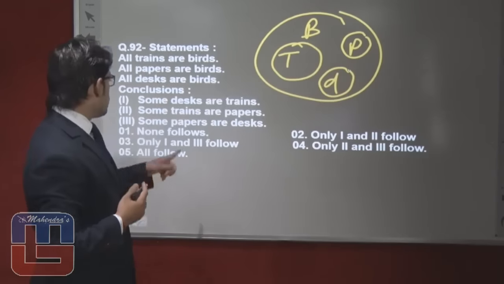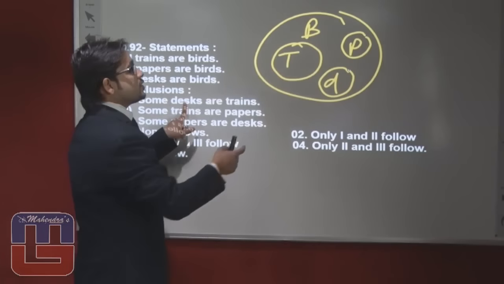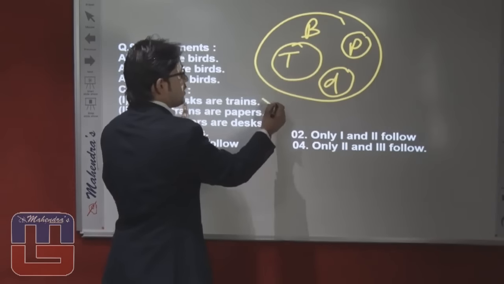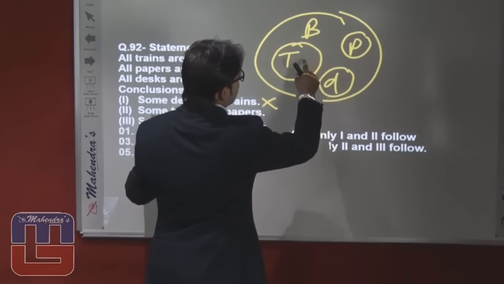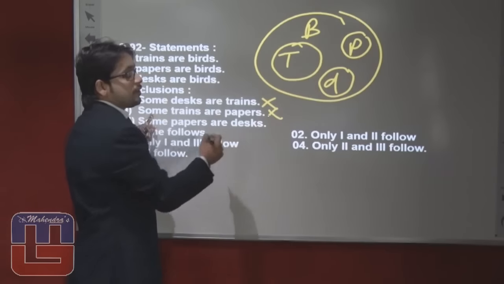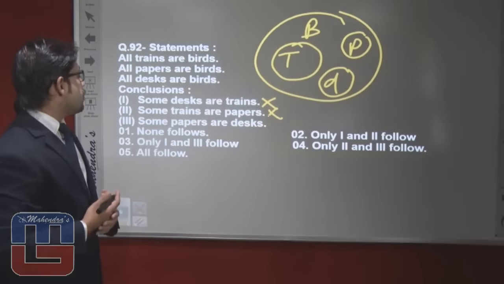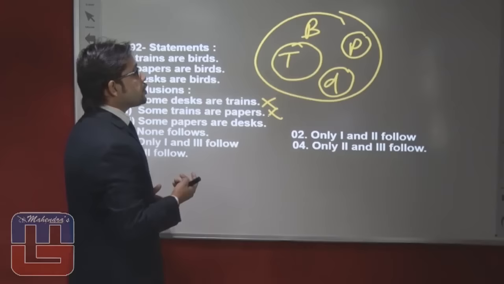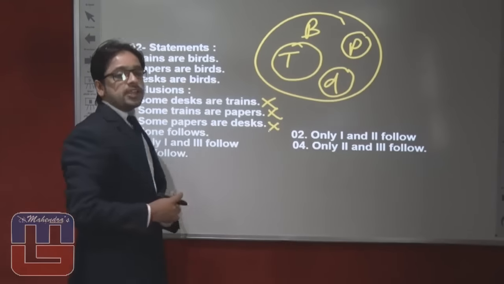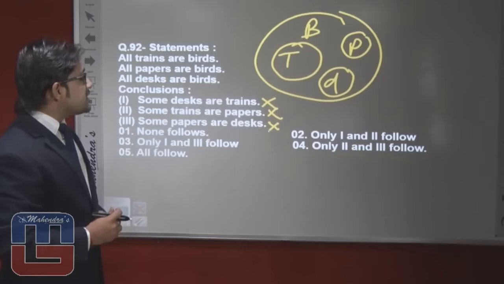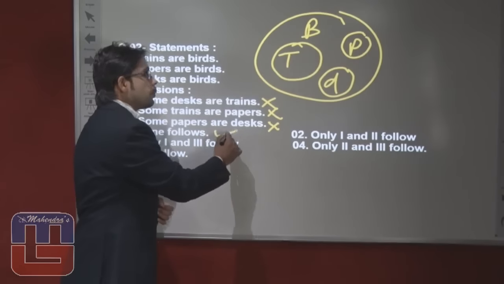First conclusion wants to know whether some desks are trains. There is no relation between desk and train, so the answer will be false. Some trains are papers: no relation between train and paper, so the answer will be false. Third conclusion wants to know whether some papers are desks. There is no relation between paper and desk, so this conclusion is again false. So we can say that the answer will be none follow.